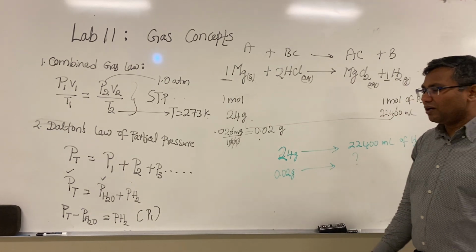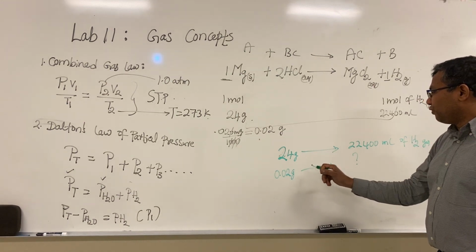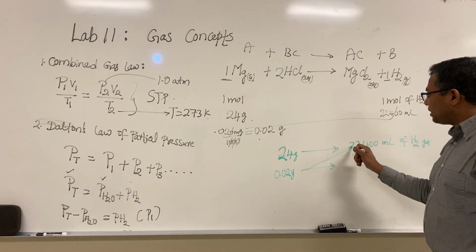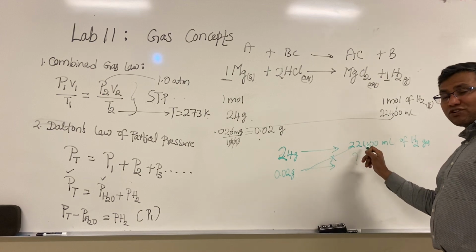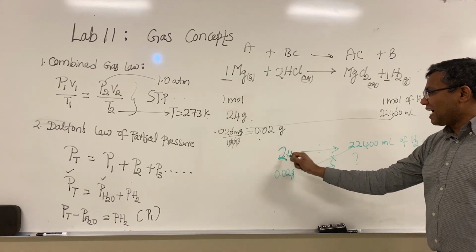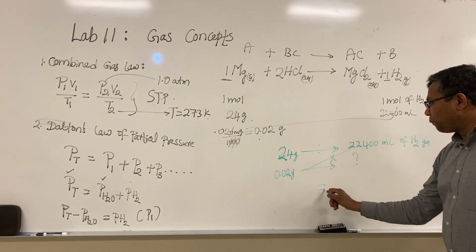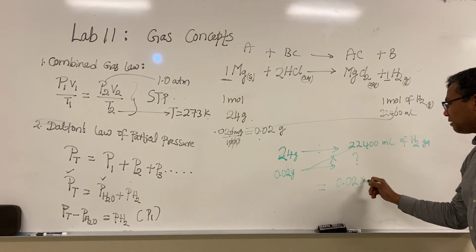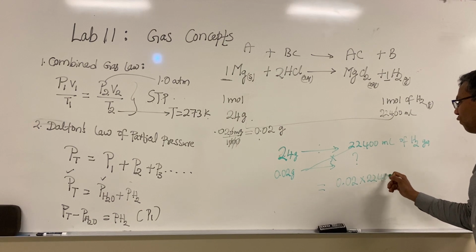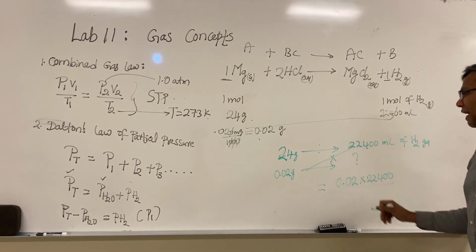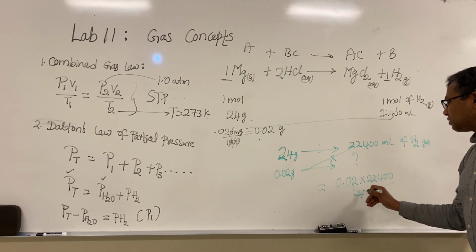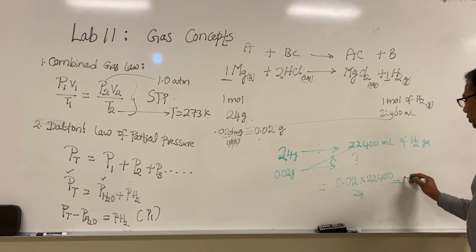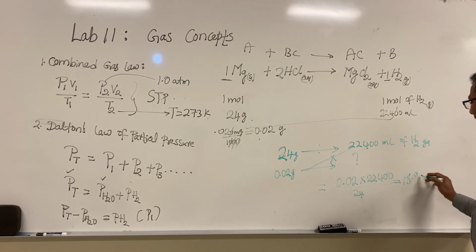I showed you in earlier experiments how to do this. You cross multiply the opposite numbers and divide by the adjacent number. So the equation is 0.02 times 22,400 divided by 24. When you do this and round up, you will get 18.9 mL.